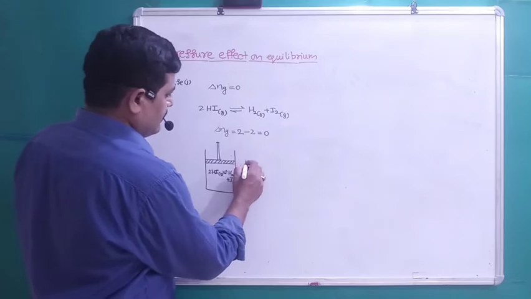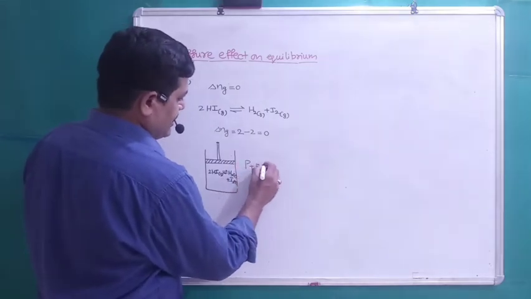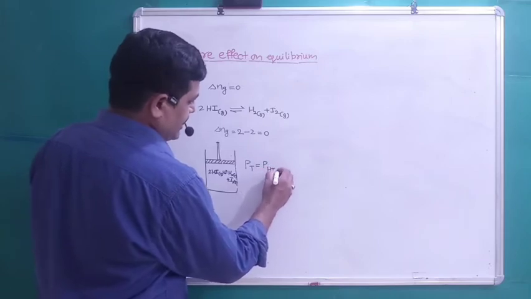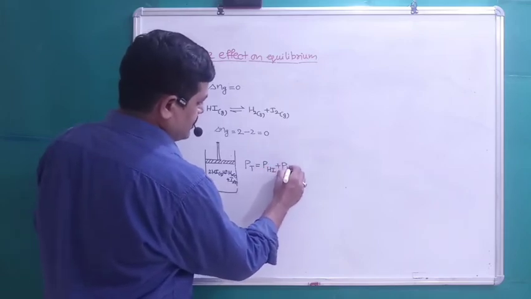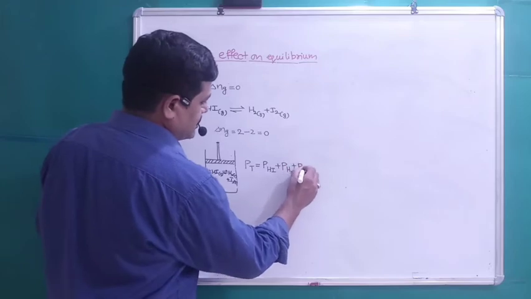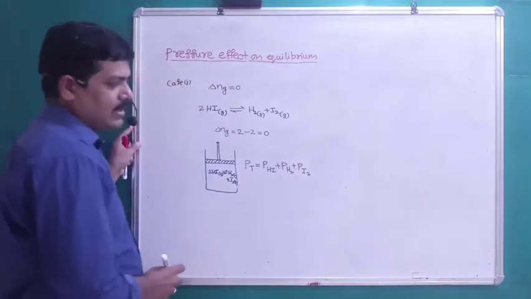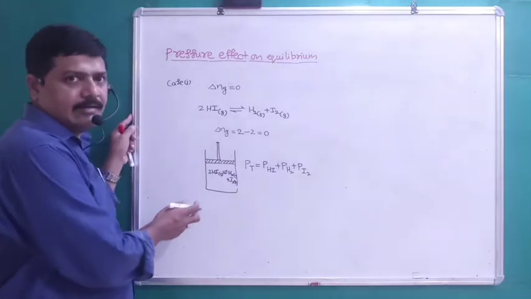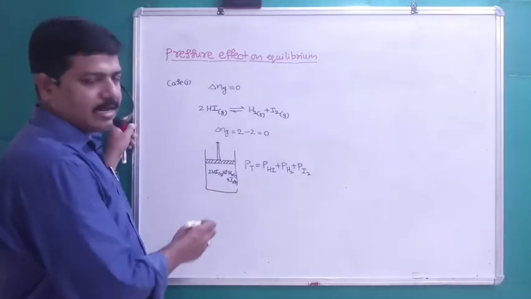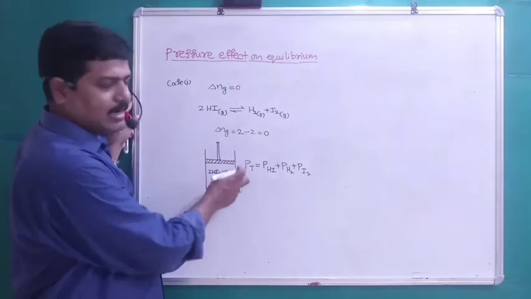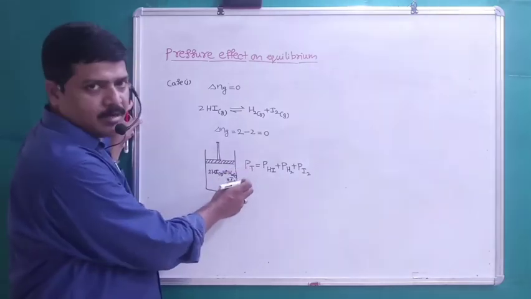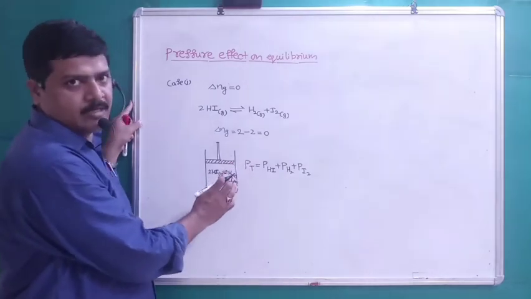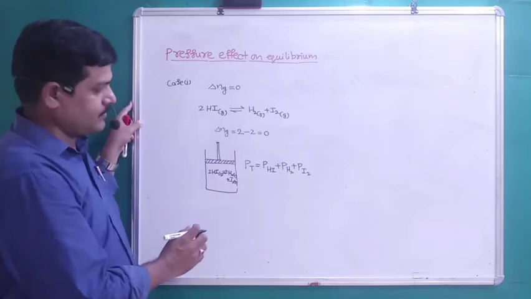Total pressure at equilibrium is the sum of the partial pressures: partial pressure of HI plus partial pressure of H2 plus partial pressure of I2. This is a reversible reaction, right?